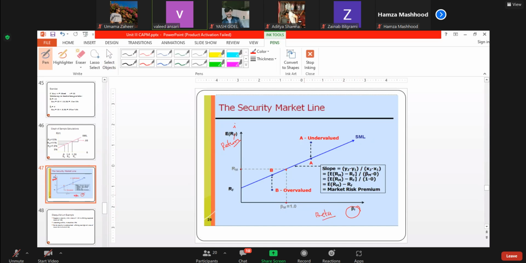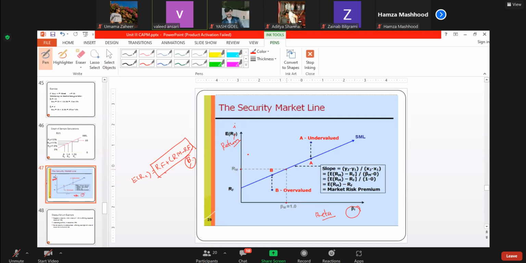The beta of the market is 1 by default. Now, this equation: the expected return on any security i is the risk-free rate plus RM minus RF, that is the risk premium, multiplied by the beta, the risk of a particular security. So this tells us how much return we should get.